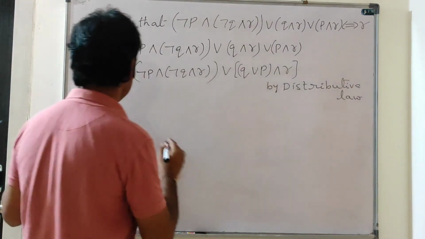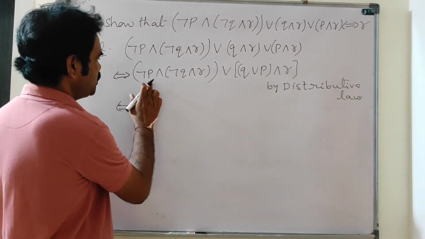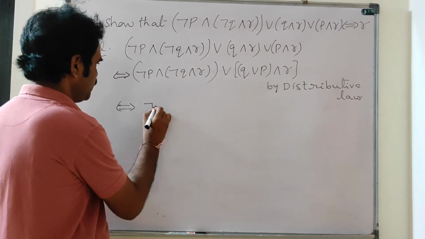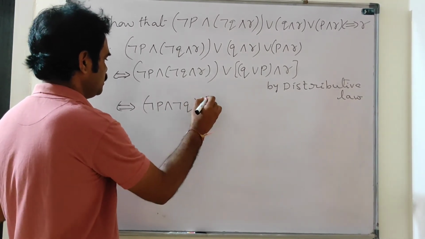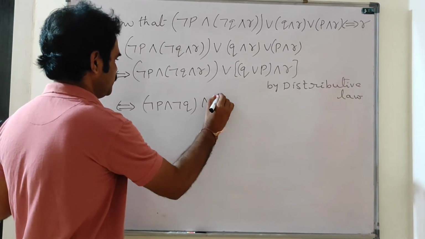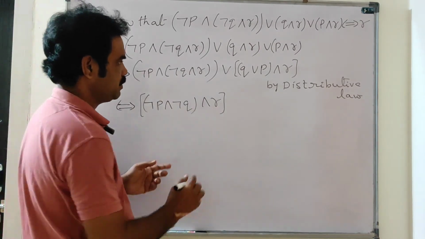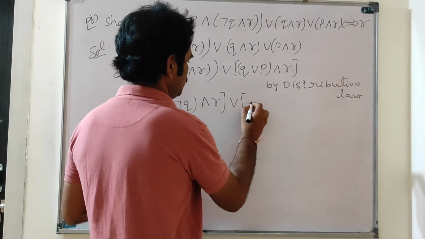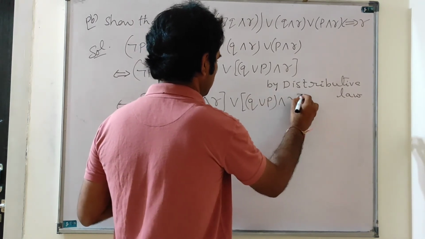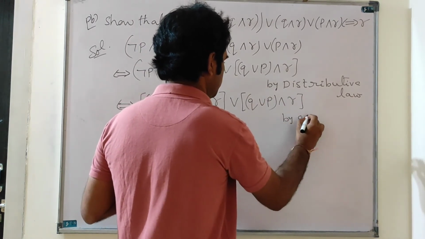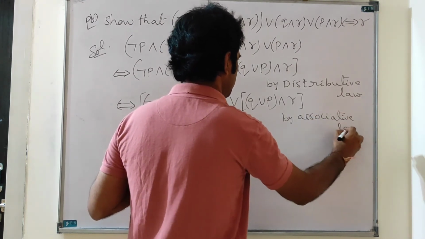Now, by associative law, this can be written as negation P and negation Q and R, or Q or P and R, by associative law.